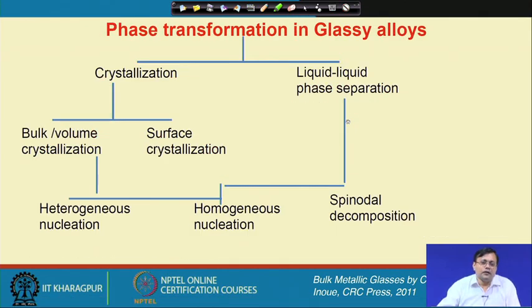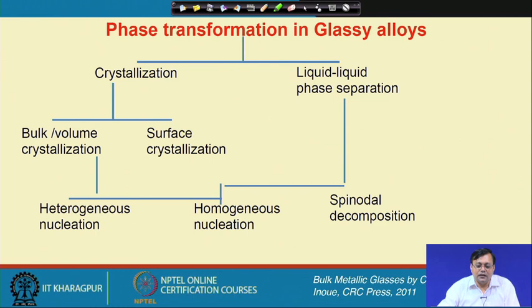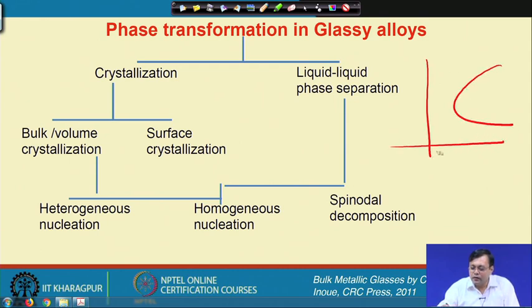So far we have completed the discussion on the glass forming ability, and now we need to discuss the phase transformation in glassy alloys. We have discussed the TTT diagram and how it looks. In a TTT diagram we think about temperature and time, and here this is the crystal and this is T liquid, and we try to bypass the crystallization event, and if T g is sufficient we can form a glass.